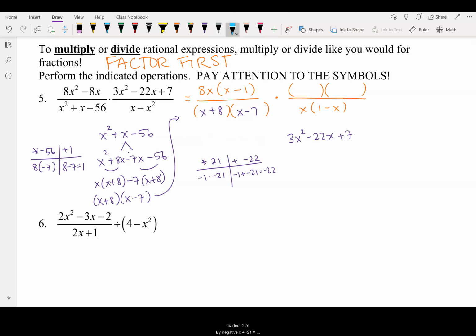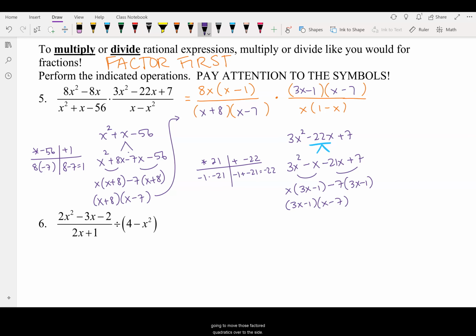And so dividing the negative 22x into negative x and negative 21x, bringing down the first and the last terms, we can factor by grouping just like before, or the area method, whatever you're comfortable with. x in common in the first group, and 7 in common in the second group. And then we have 3x minus 1 and x minus 7. So we can put that up top, 3x minus 1, x minus 7.